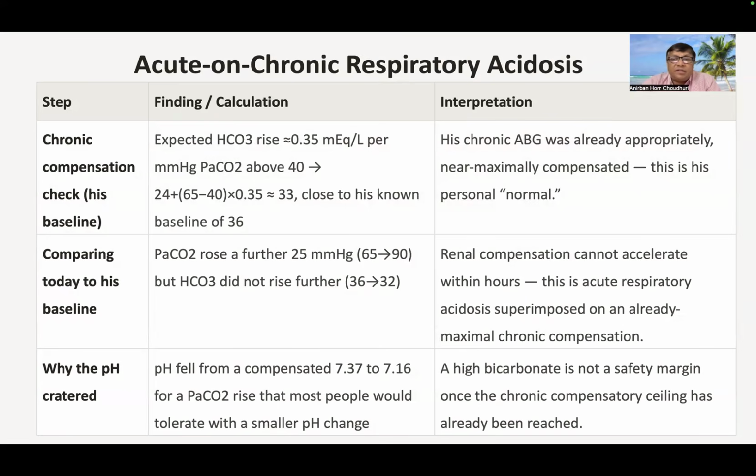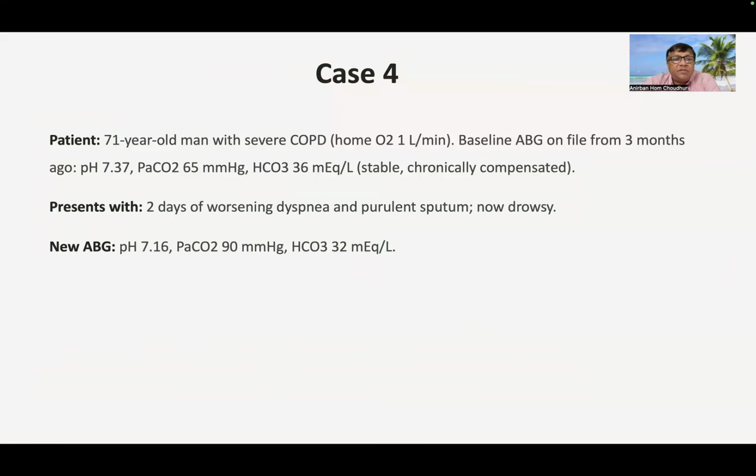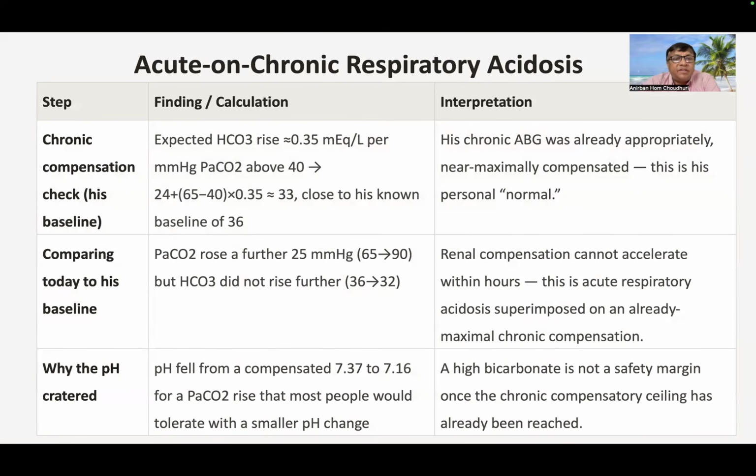Now, what is the hidden problem that we need to understand? He is a patient of acute on chronic respiratory acidosis. If you look into his past ABG, the pH was normal at 7.37. The expected bicarb rise, taking 0.35 milliequivalent per liter per millimeter mercury of PCO2 above 40 as the chronic compensation check: he was having a PCO2 of 65, so 65 minus 40 is 25, multiplied by 0.35, which comes to about 9, and 24 plus 9 is 33.